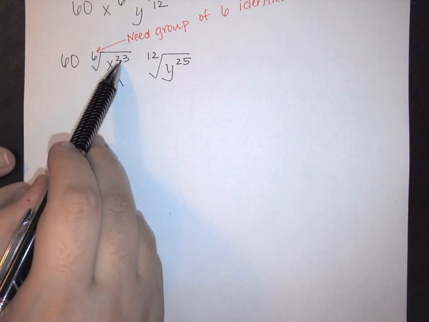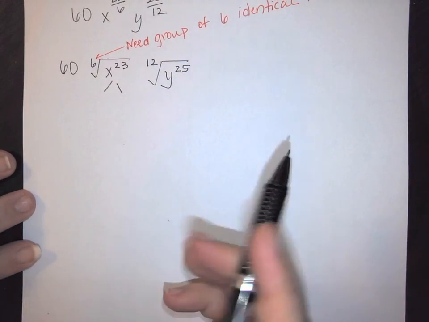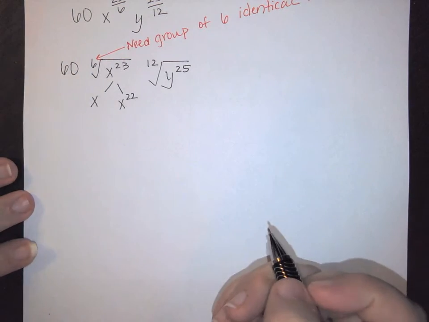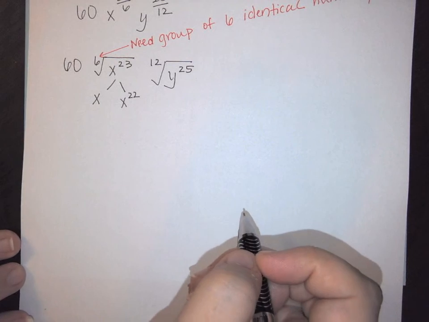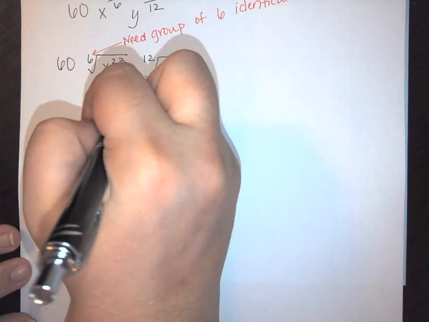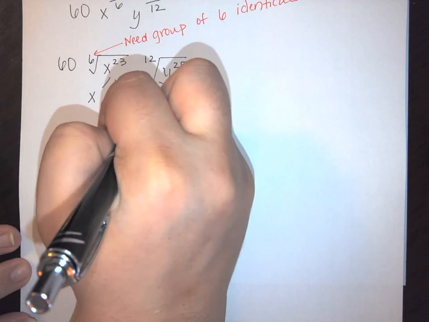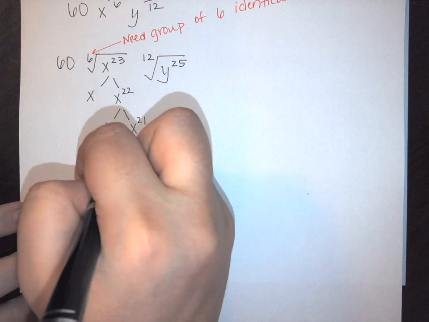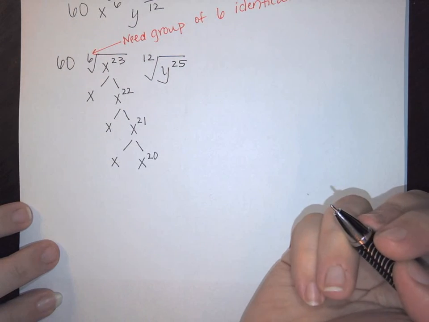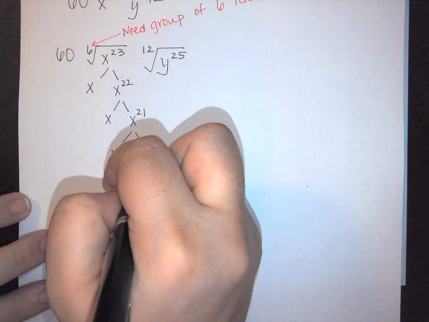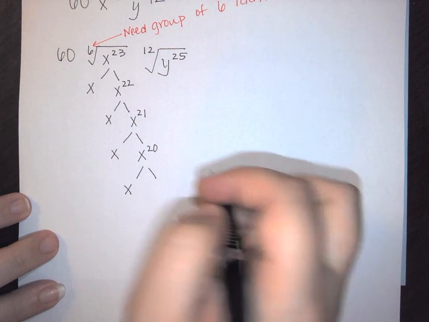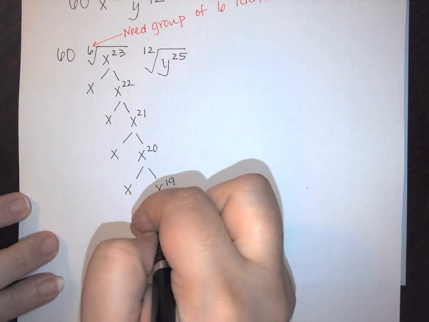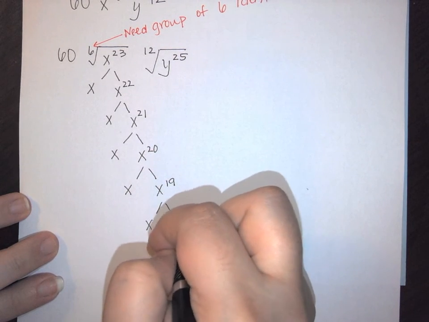So first we look at, does 6 go into 23 evenly? And the answer is no. So we would pull out an x, and this would leave us with 22 more. Does 6 go into 22 evenly? Well, no. So we would do it again. Siphon off another x and leaves us with 21. 6 does not go into 21 nicely, so do it again. Siphon off an x, leaves us with 20. 6 and 20 don't work, so again we can pull out another one and leaves us with 19, which doesn't work, so pull out another one and leaves us with 18.